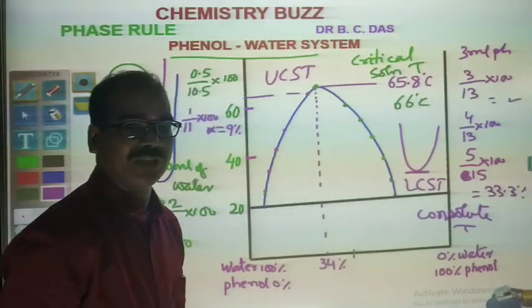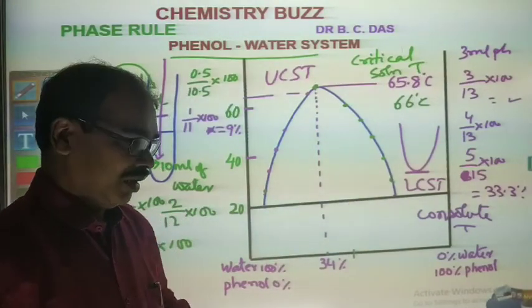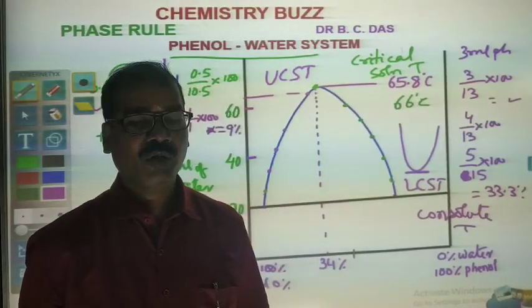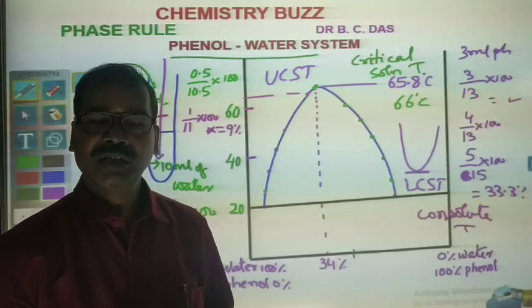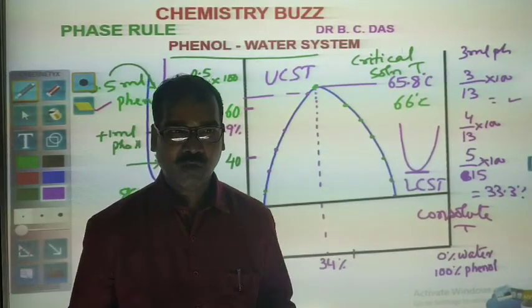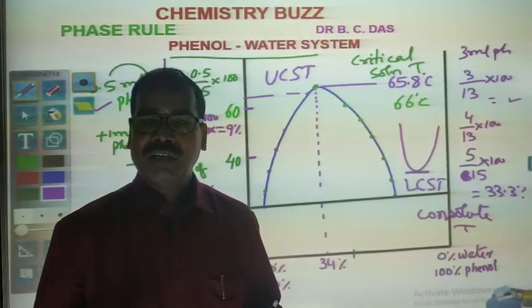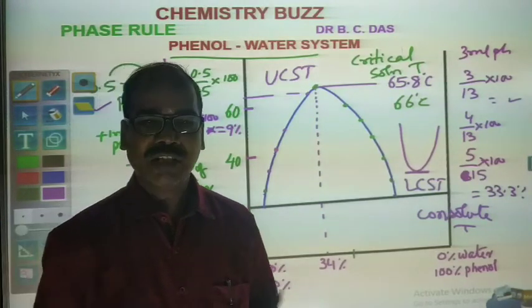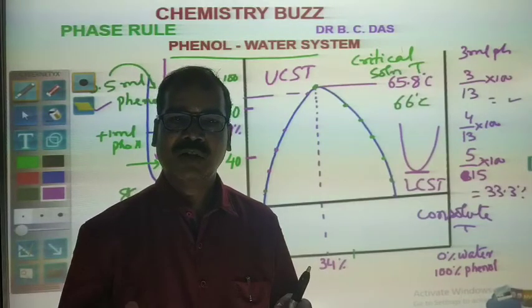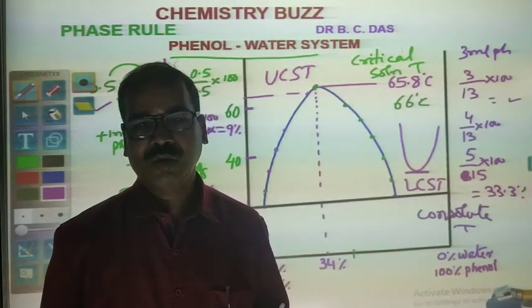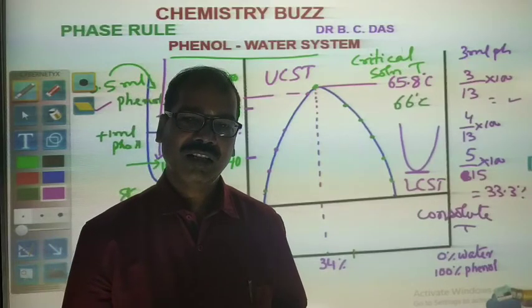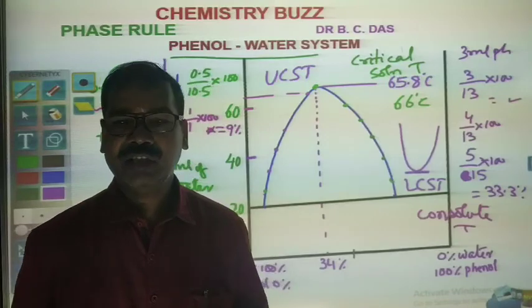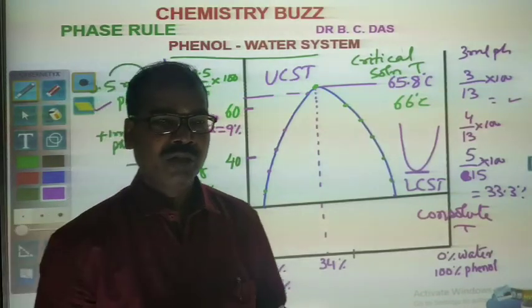You will get a graph like this. If you take this experiment as a project work, you can study the effect of different electrolytes like sodium chloride, potassium chloride, calcium chloride concentration, and also the effect of electrolyte valency, like calcium chloride and sodium chloride, bivalent and univalent.